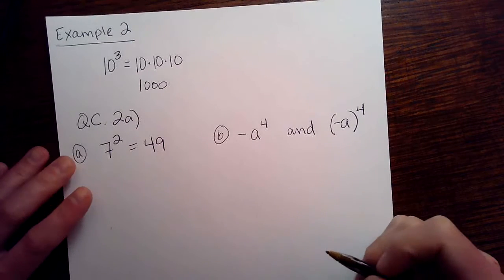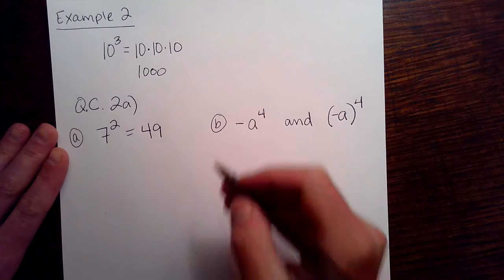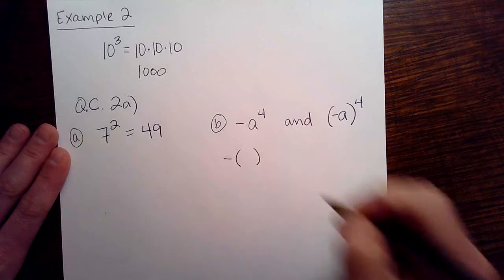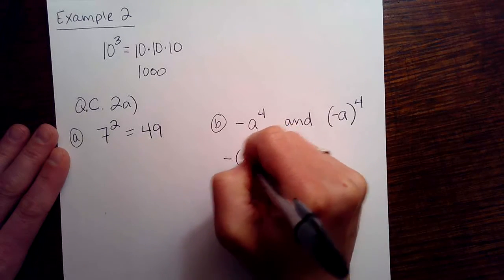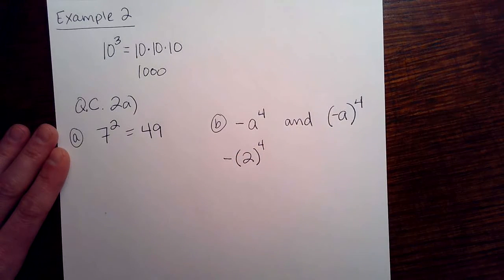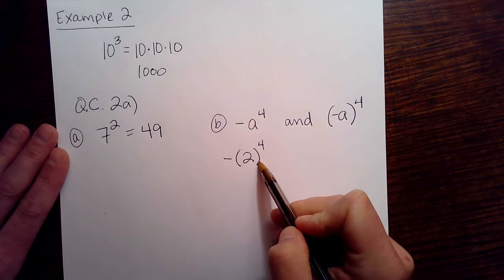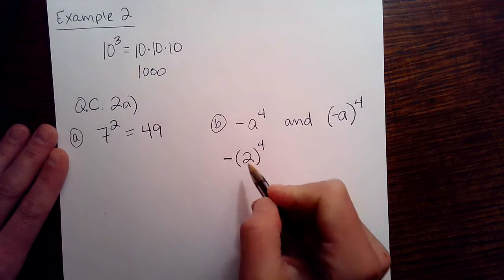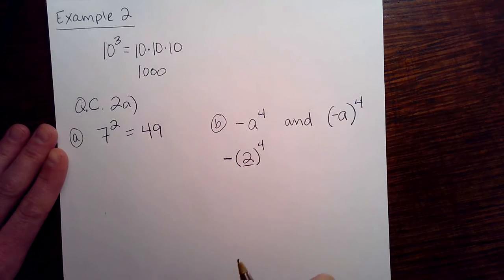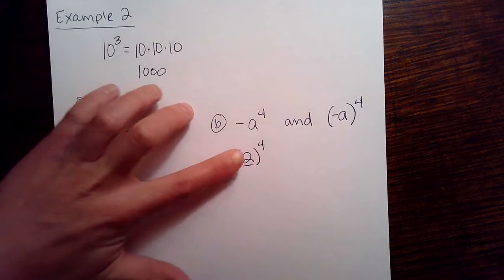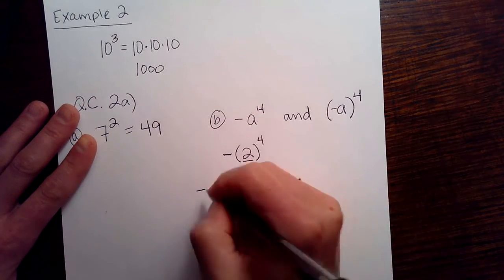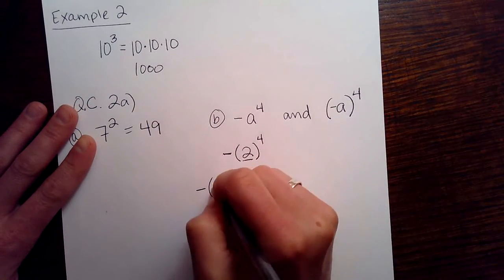If you recall, long time ago when we evaluated, every time we see a variable we're plugging in, we replace that with parentheses. Now, if I simplify this, just like before, that negative sign is outside. The base of this is 2. So I first need to find what is 2 to the fourth power.